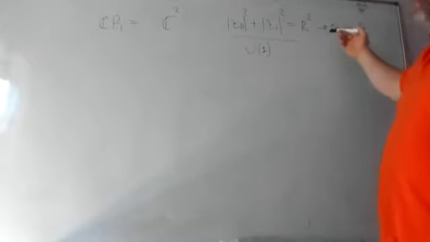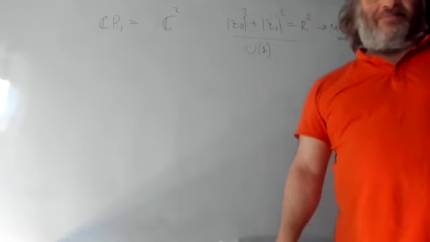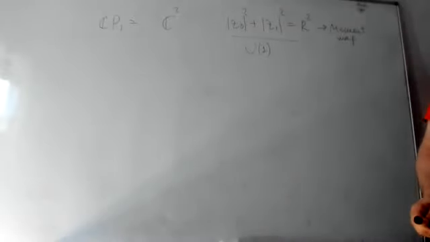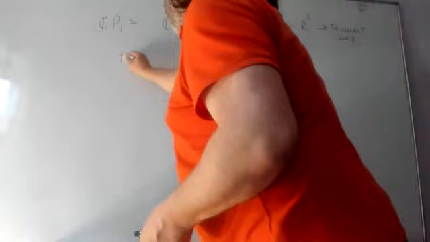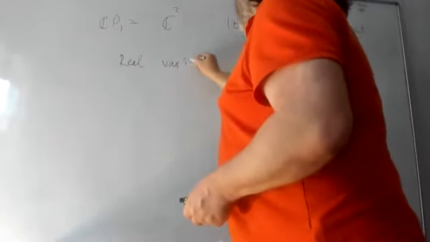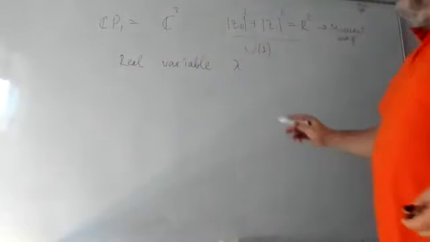So to impose this equation, we of course need, as always, the delta function that I'm teaching all the time. So we will need a real variable that I will call lambda.